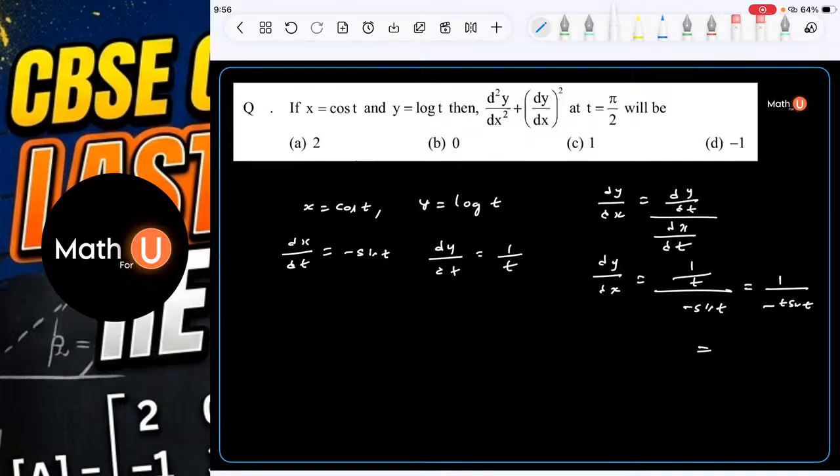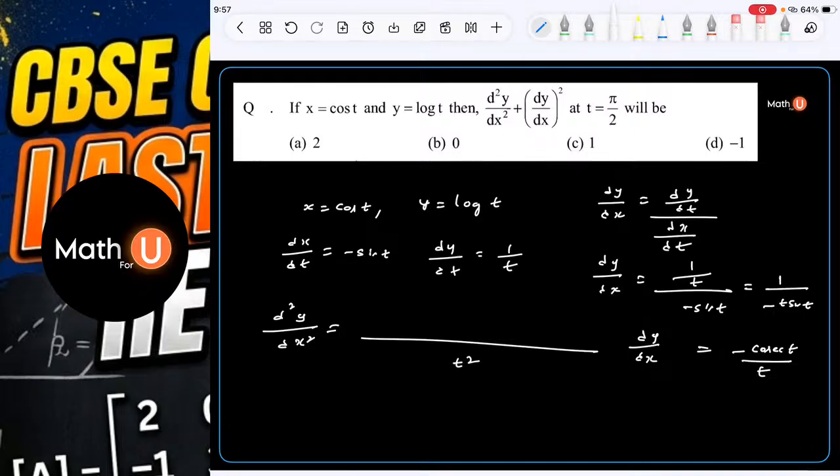I will write this as minus cosecant t by t, since 1 by sin t can be written as cosecant t. I will rewrite it like this, dy by dx. Then again differentiate this one. For d square y by dx square, we apply the quotient rule. Denominator t square.